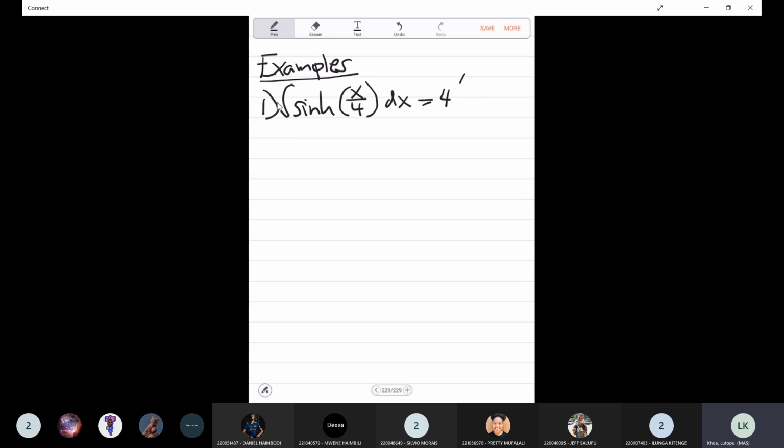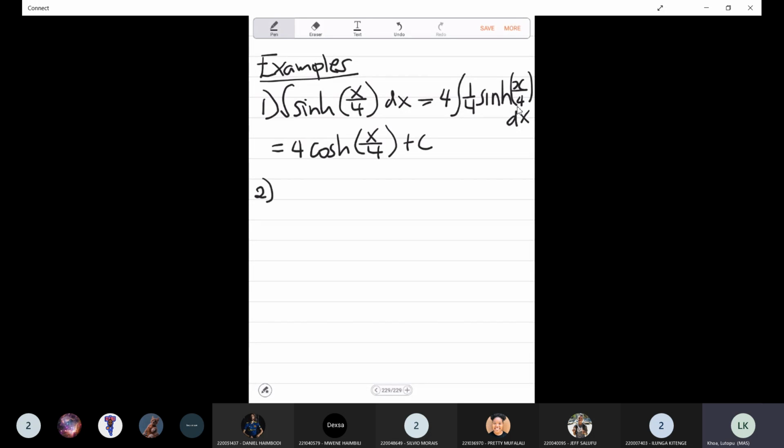So 4 outside, 1 over 4 here, hyperbolic sine x over 4 dx. And now it's in the form that we want. So this is just 4. Then the integral of hyperbolic sine is hyperbolic cos of x over 4 plus c.